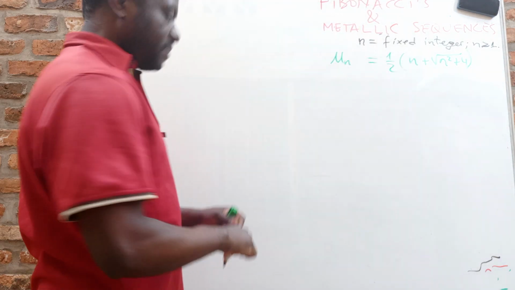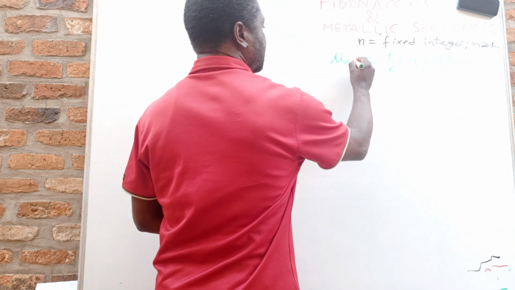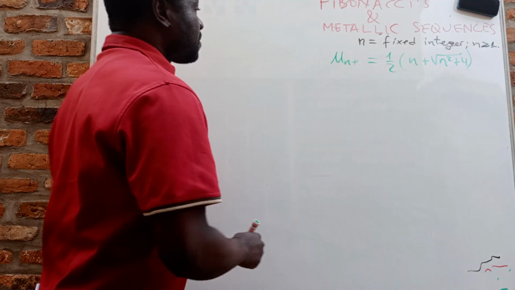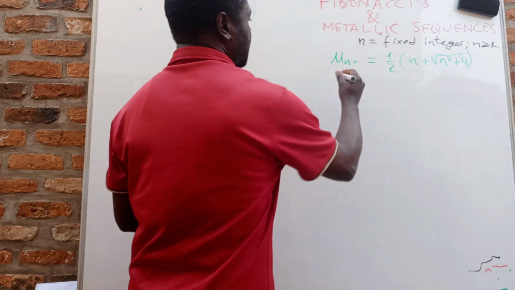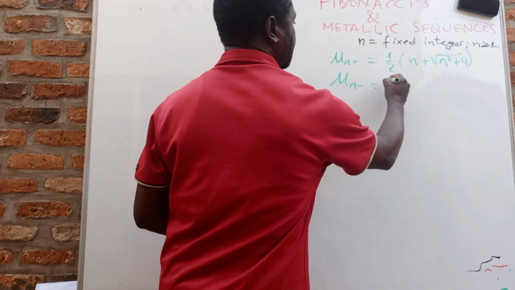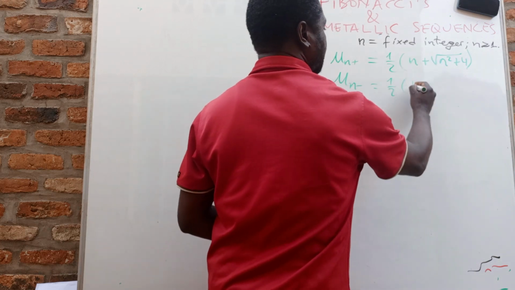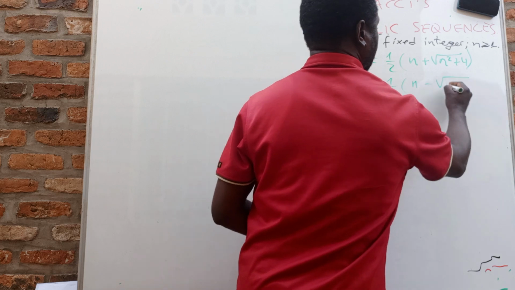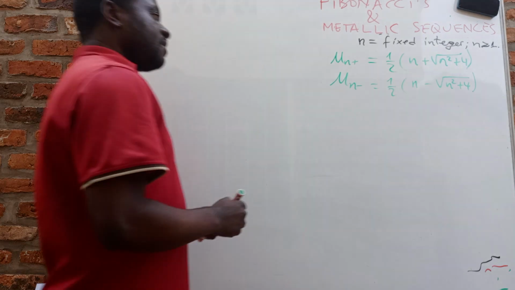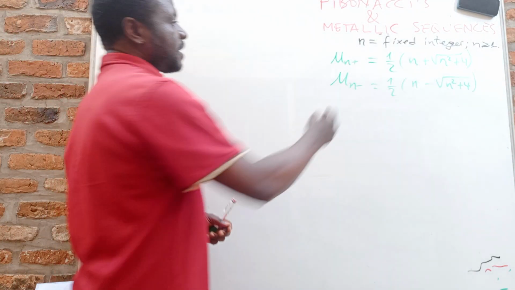We denote it by mu n positive, as compared to its real conjugate, which is given by half of n minus the square root of n square plus 4.